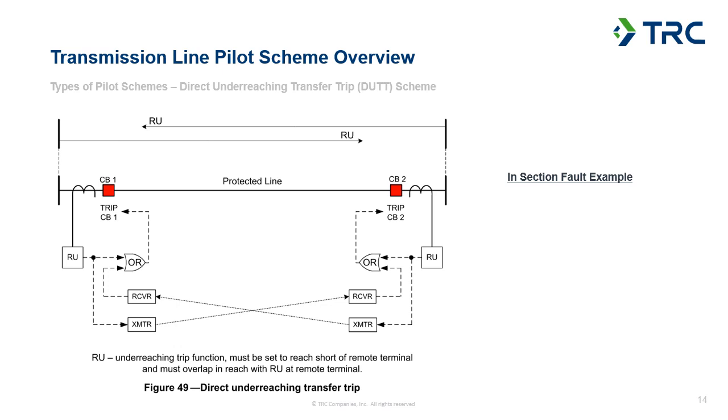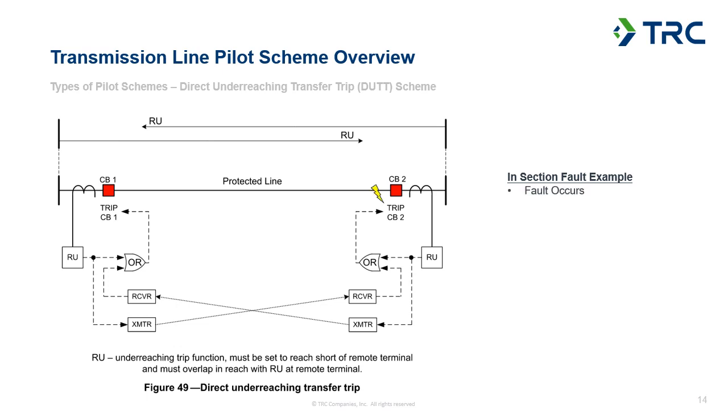So these are the elements that are going to see only a percentage of the way down the line, and they're not going to be able to detect faults near the remote terminal. So that's why we really have to have that step distance scheme, or at least the equivalent of a zone 1 instantaneous direct tripping element for the DUTT scheme.